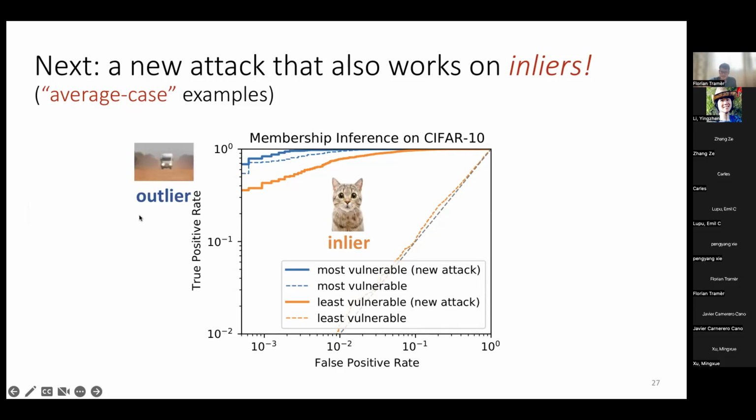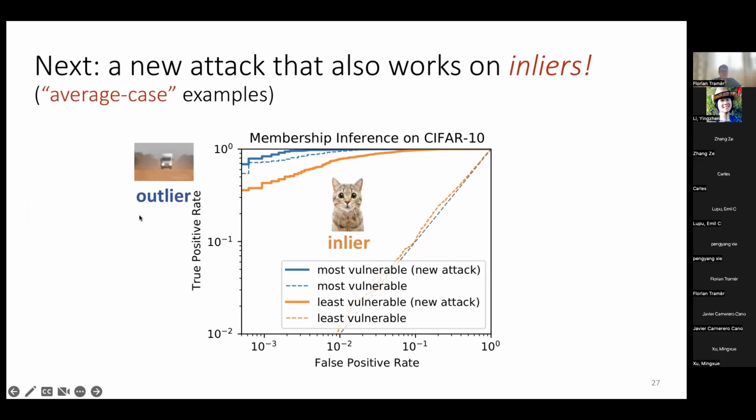So Florian, can I ask a question? Yes. Okay, so it seems to me that you need to assume that your shadow data set has the same distribution as your training data set, right? To some extent, yes.